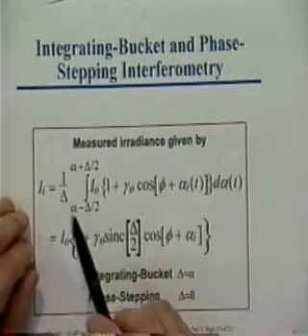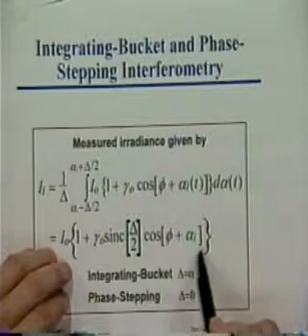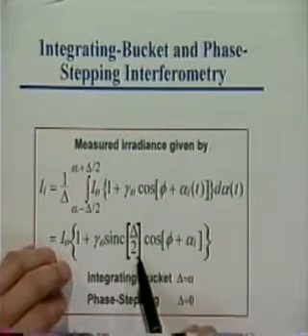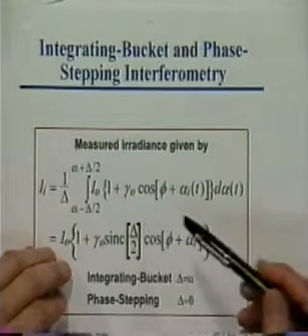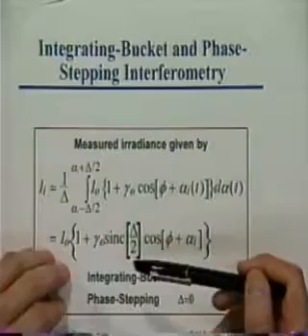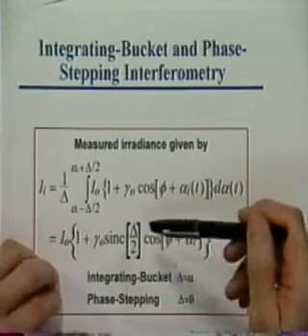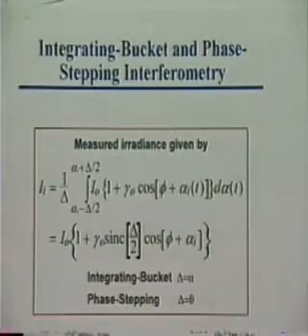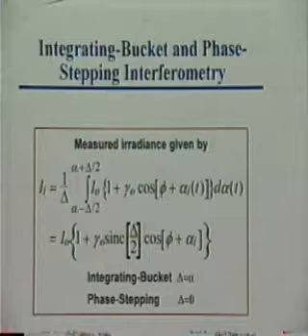And so the only effect here is to reduce the modulation a little bit by the sinc function. If delta turns out to be 90 degrees, and I think this is part of your homework problem, you'll see that the sinc is maybe 0.9 or some number like that. But it doesn't go down by very much. Now, I said you had really worked this in a homework problem before.